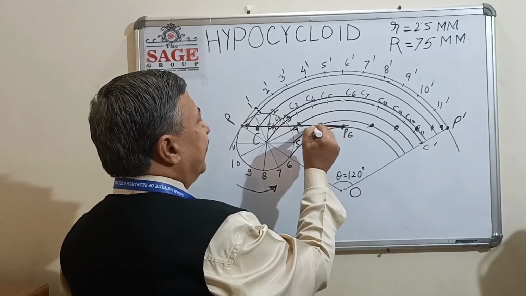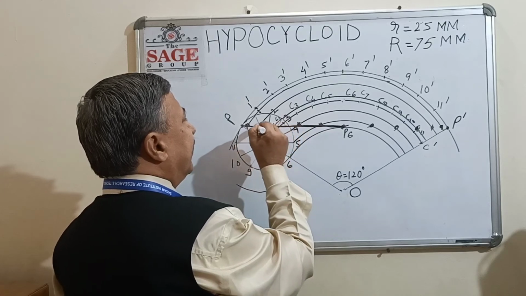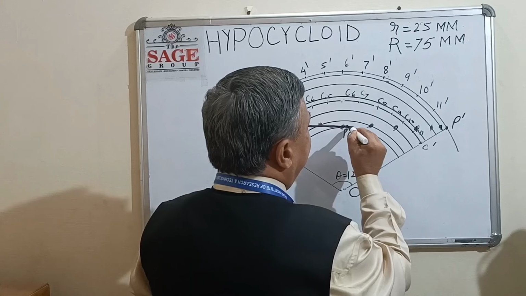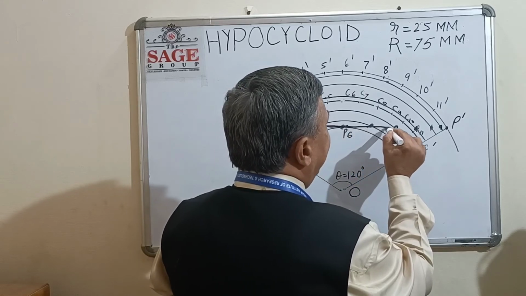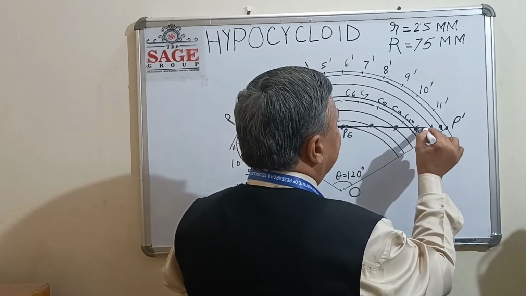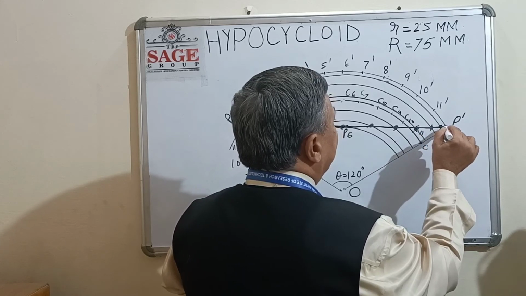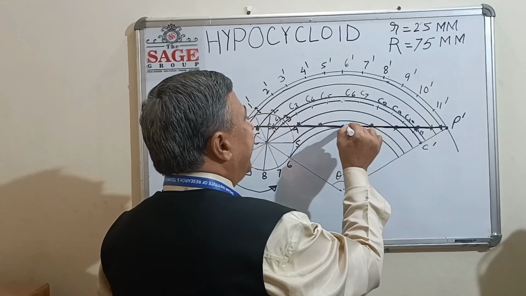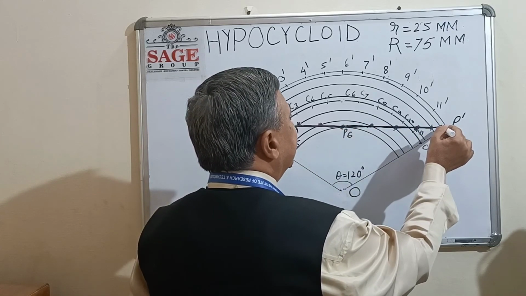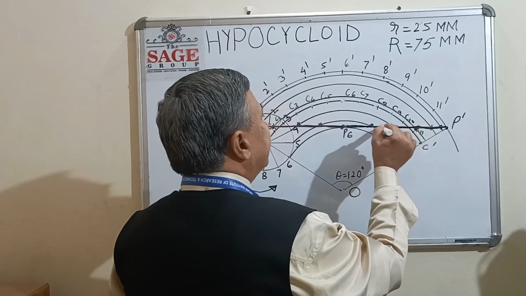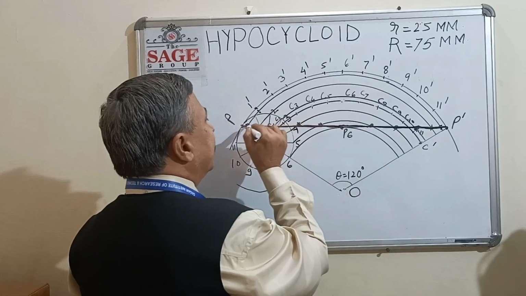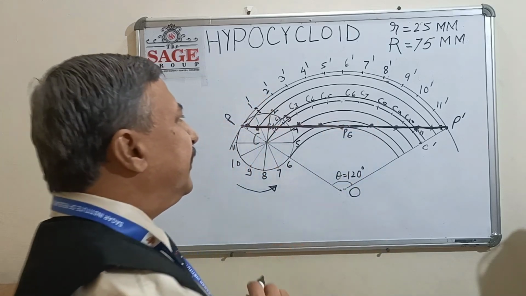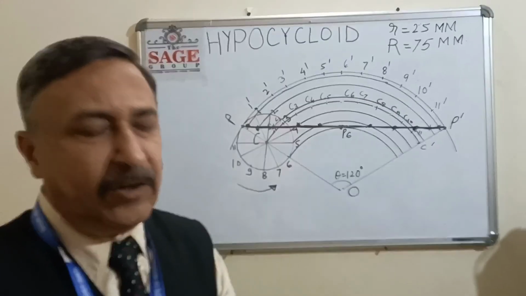Actually this is a curve, but approximately it will give you a feel of a straight line. Okay, this is a curve. So this is our hypocycloid.